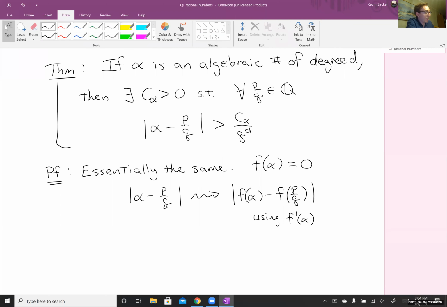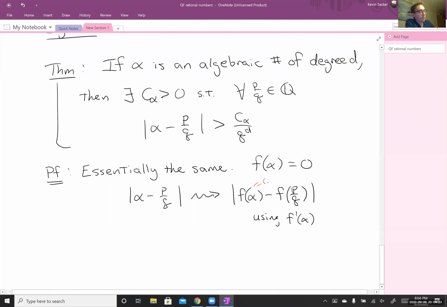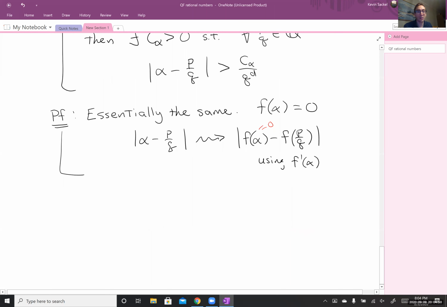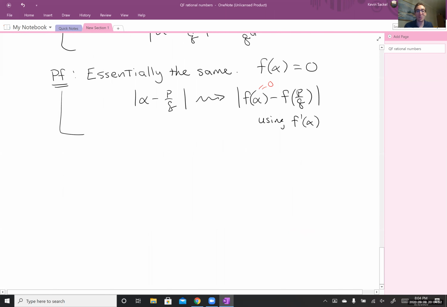In such a case, f of alpha is just equal to 0. And so I now get some new bound on f of a rational number. And if I multiply by q to the d, that gives me an integer. So I again get this gap between 0 and 1. So I won't write up the whole proof, but this is sort of the basic idea, and I leave it as an exercise for you to fill in the details of why that's the case.